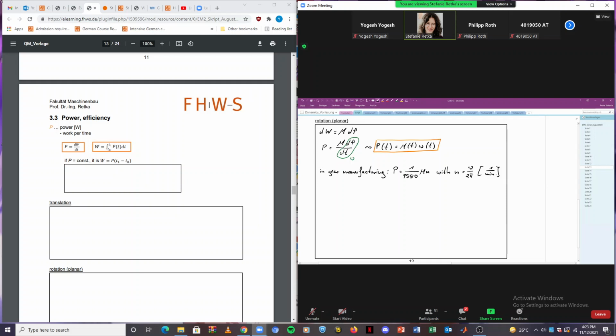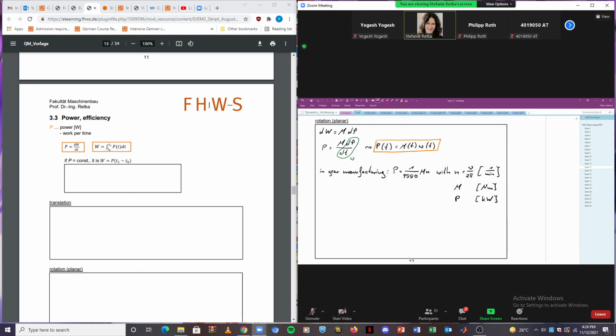The capital M is our moment, our torque being applied. Dimension is Newton meter. And if we substitute rotational frequency in rounds per minute and the moment in Newton meter, then we obtain the power of the gear in kilowatt. Okay, that's the rule of thumb.